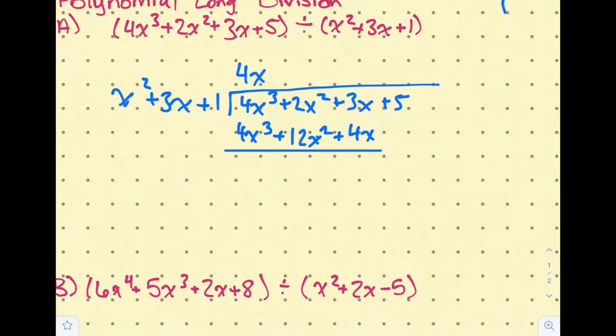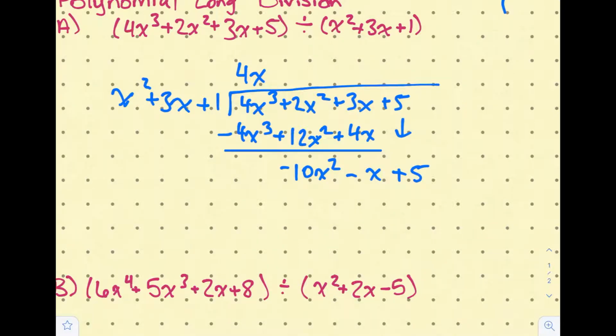And then we'll subtract down, just like we would with long division. 4x cubed minus 4x cubed is 0. These two terms, the first two terms, should always cancel. 2x squared minus 12x squared is negative 10x squared. 3x minus 4x is negative x. And then just like I brought down that last 7, I'll bring down the 5.